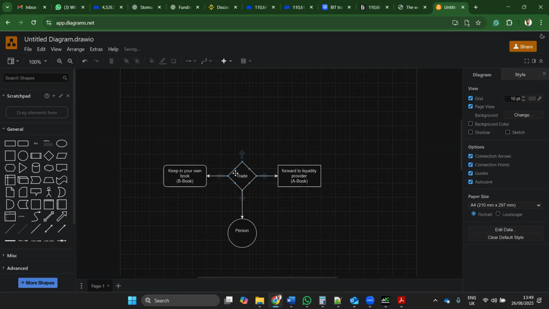Now the broker has two options: forward this to the others, to the A book, in which case the broker will have no extra benefit.